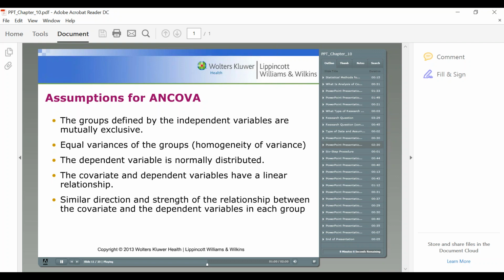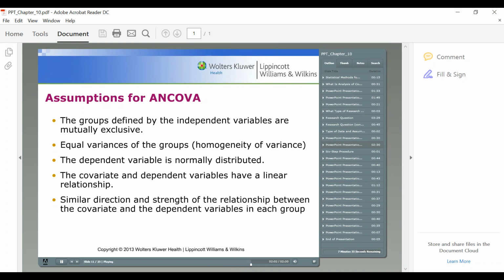So there must be a similar direction and strength of the relationship between the covariate and the dependent variable. This one, again, may be a little bit hard to understand because we haven't studied correlations yet. The definition of a correlation is that it measures the strength and direction of the relationship between two variables. In this case, our covariate is consumption of produce, and our dependent variable is bone mineral density, BMD.